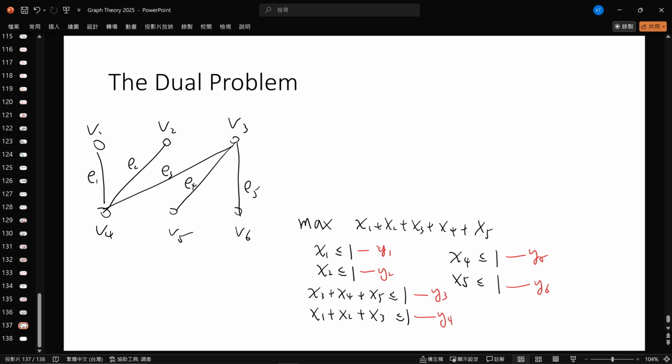For every constraint, recall that the first constraint is with respect to V1, the first vertex, and the second constraint is associated with the second vertex V2, and so on. Because we have 6 vertices, we have 6 constraints, which means we have 6 dual variables.